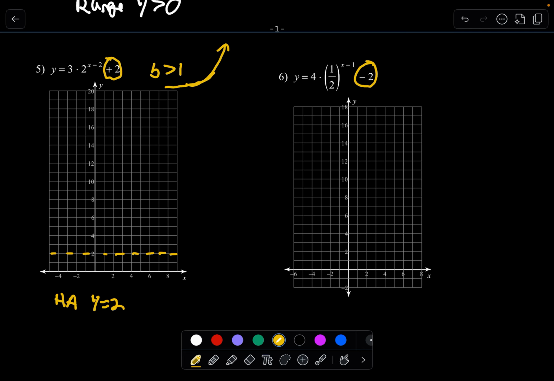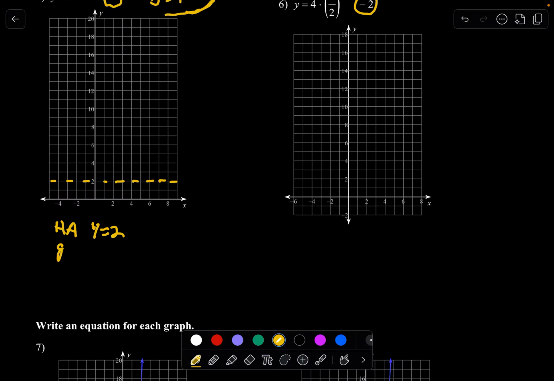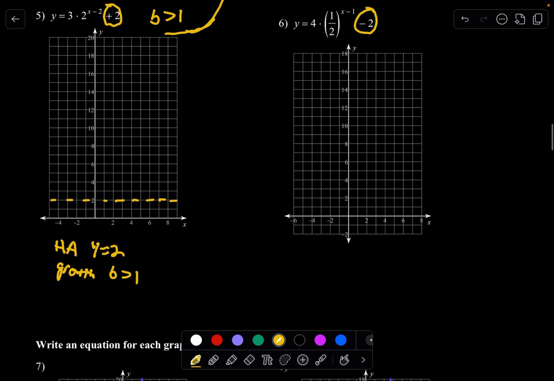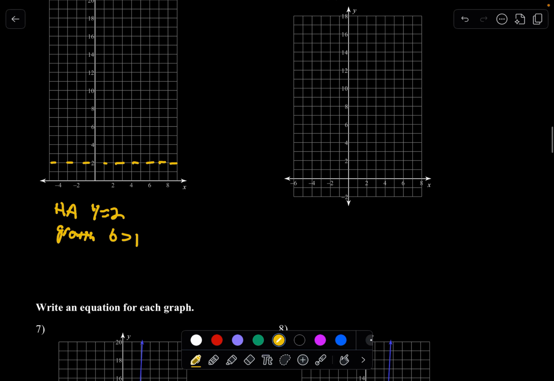All right? So it's also growth because b, the base, is greater than 1. Okay. Now let's plug in x equals 0.